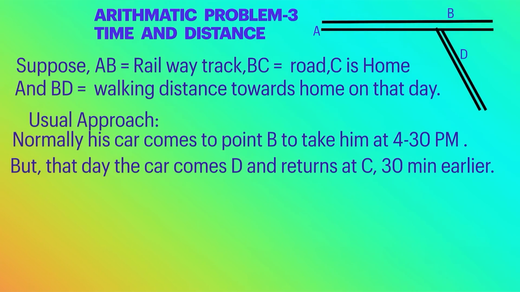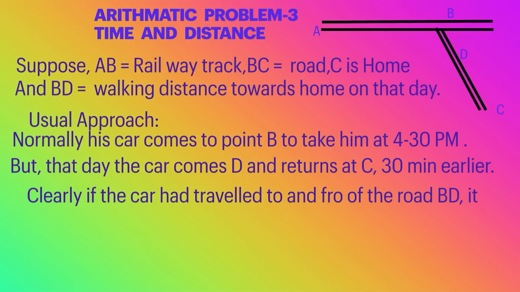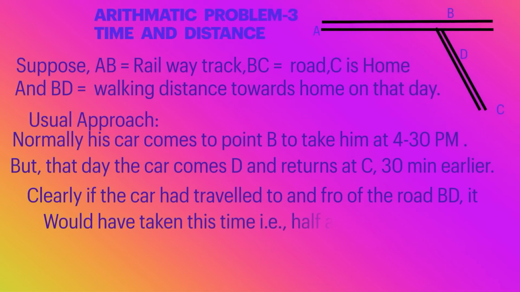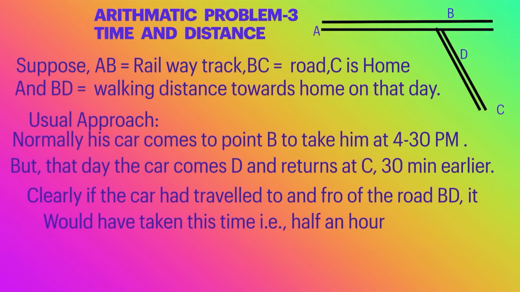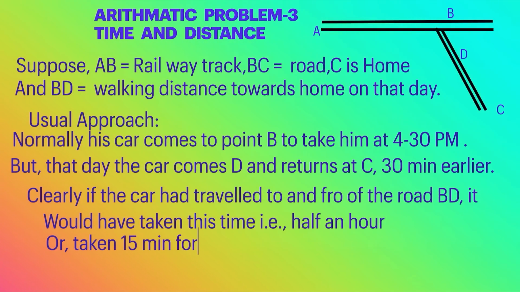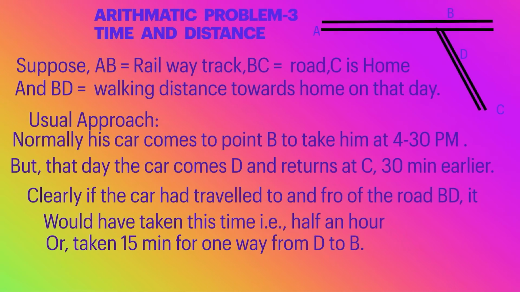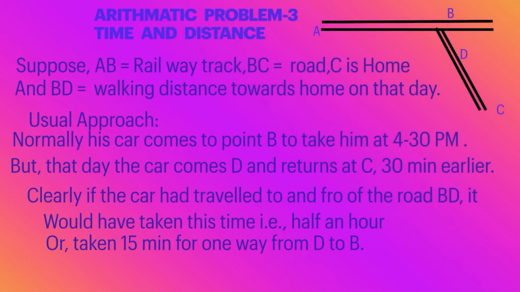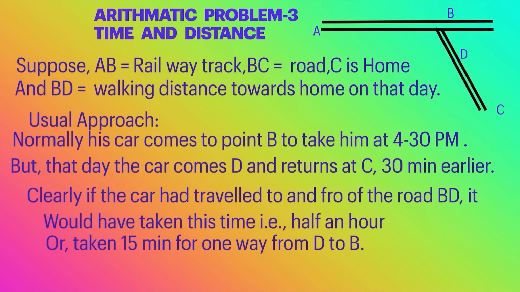So clearly, if the car had traveled to and fro on the road BD, it would have taken this time, that is half an hour. That means the two-way journey of BD equals 30 minutes. So the one-way journey of BD by the car will take 15 minutes. So it takes 15 minutes one way from D to B by car.